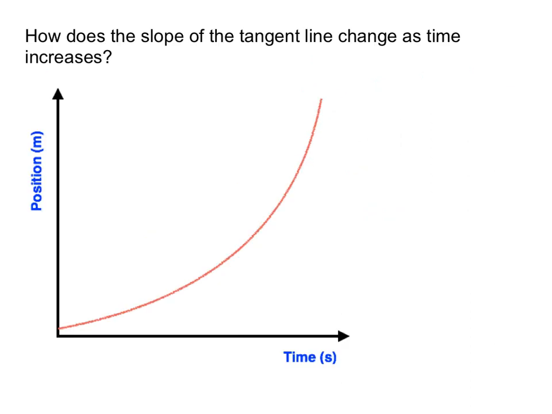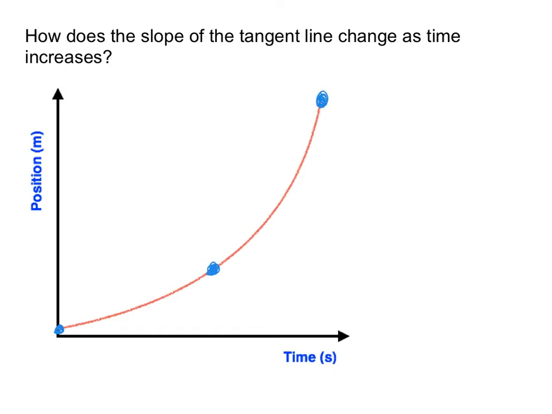So how does the slope of a tangent line change as time increases? Well, let's take a look at our data for the cart rolling down the ramp. Okay, let's go back, remove any drawings I made on this picture, and I'm first going to take a look at the tangent line here at the beginning. I'm going to take the tangent line here sometime in the middle of its journey. And I'm going to take the tangent line here at the end of its journey.